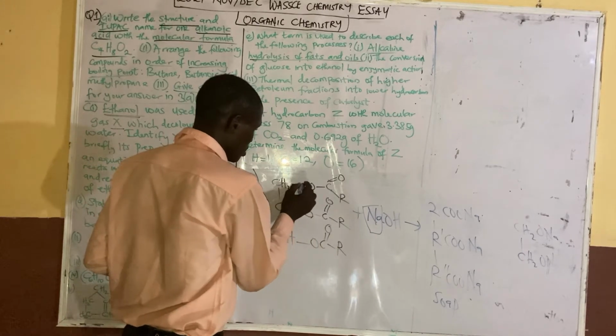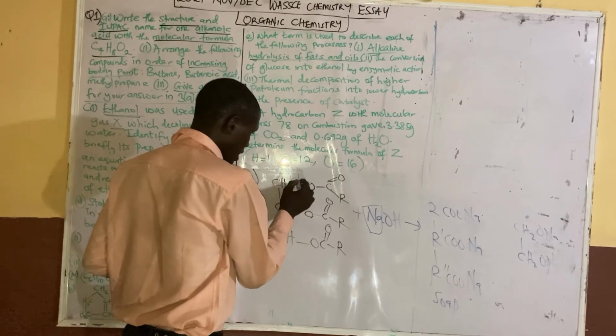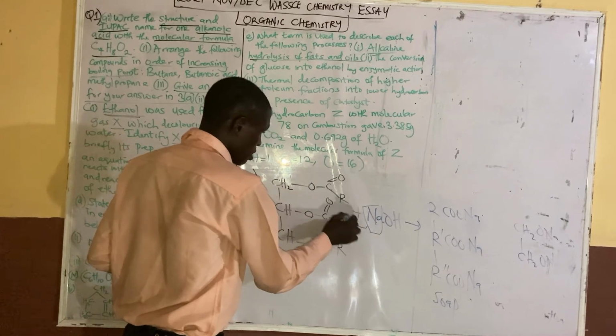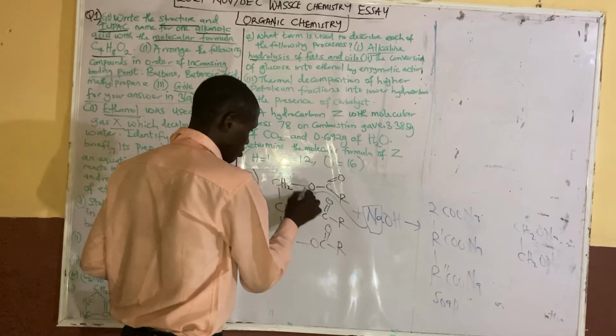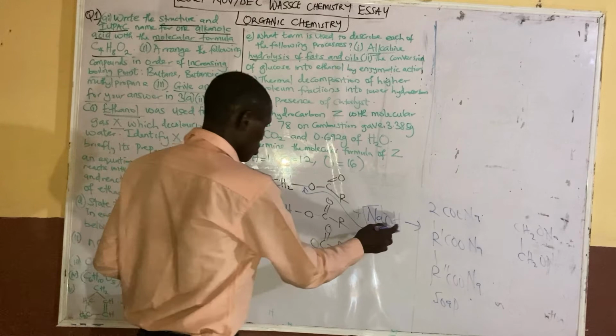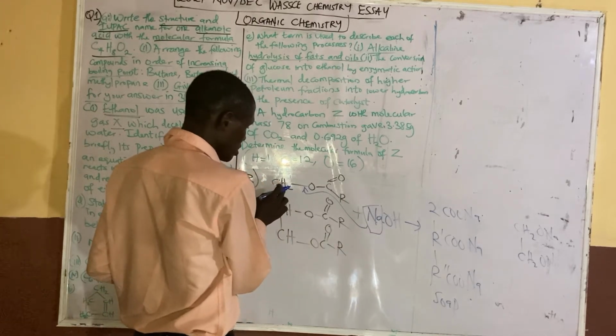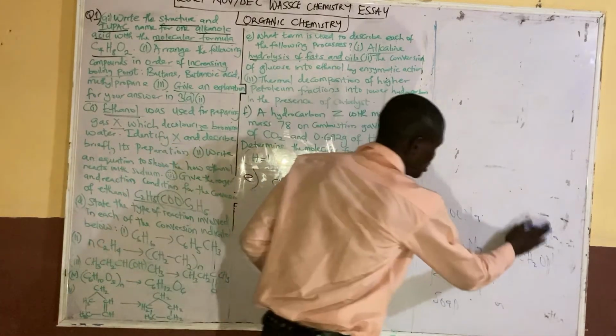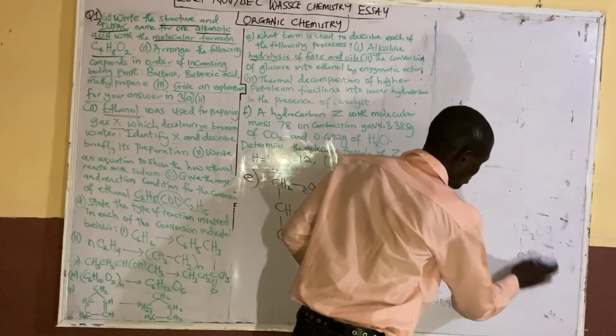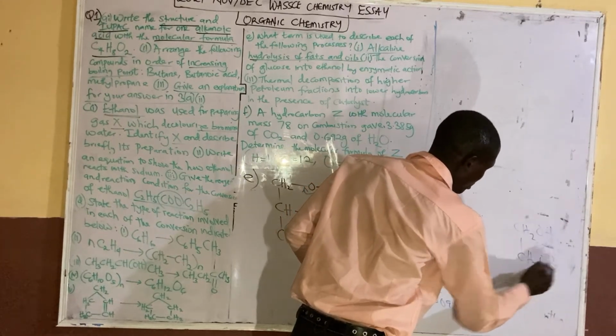This we attach to this. It's cut from here and attached to this. This comes here and attaches to this end. Then this OH will now join this CH2. So you have OH here.